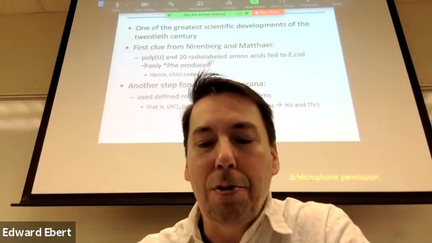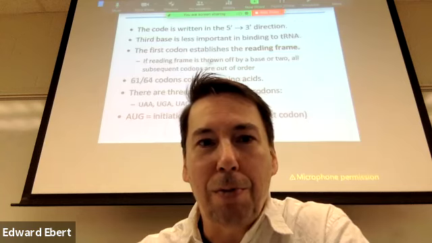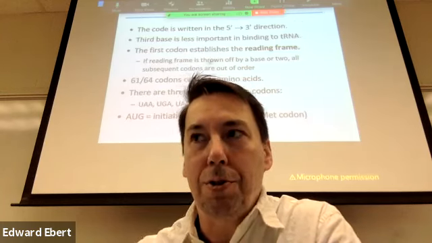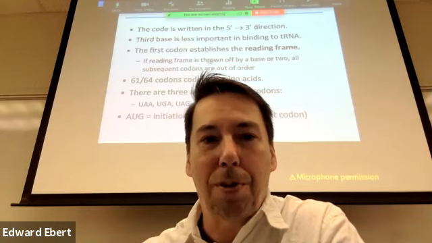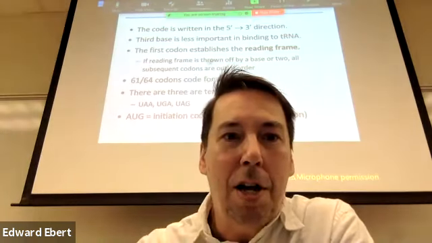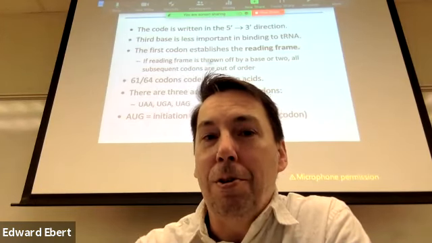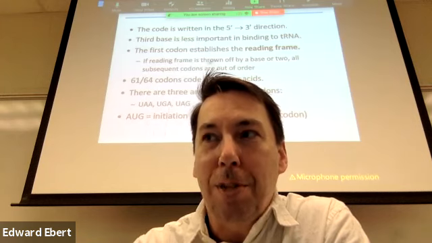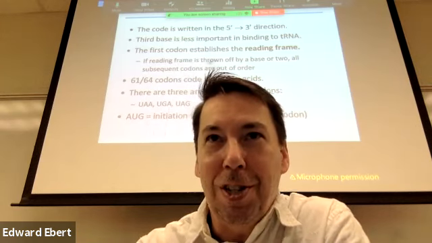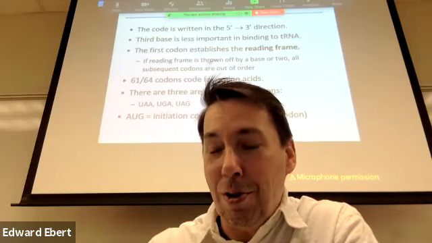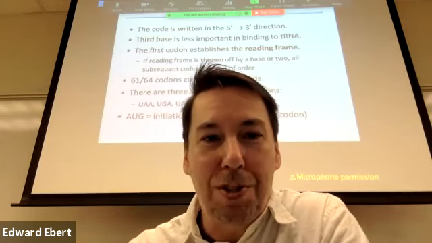Okay. So eventually we were able to break the whole code and figure it all out, which we'll see here in a minute. Again, our code is written in 5' to 3' direction, just like we write our DNA sequence, our primary strand. But the third base tends to be less important. It's often known as the wobble base because oftentimes you can change that third base and you'll still, all 4 codons might still code for the same amino acid.